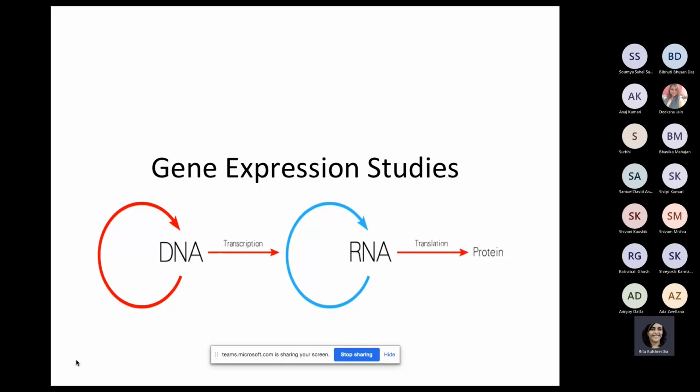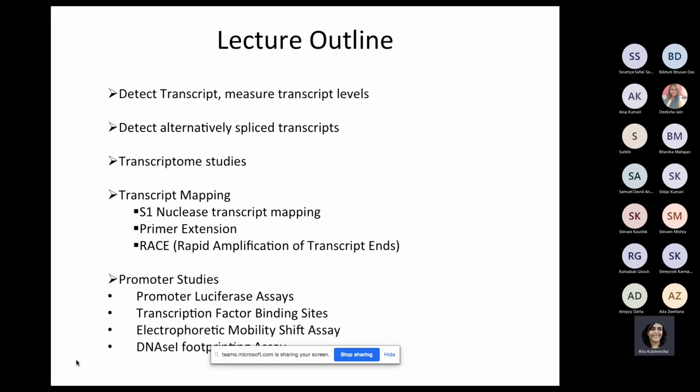So today's class is on gene expression studies, where we will learn many things. One means everything related to RNA, with which is first that if you have to detect a particular transcript, then which are the various ways you can detect it. I had briefly mentioned that you can use northern blotting, but then there are other methods as well.